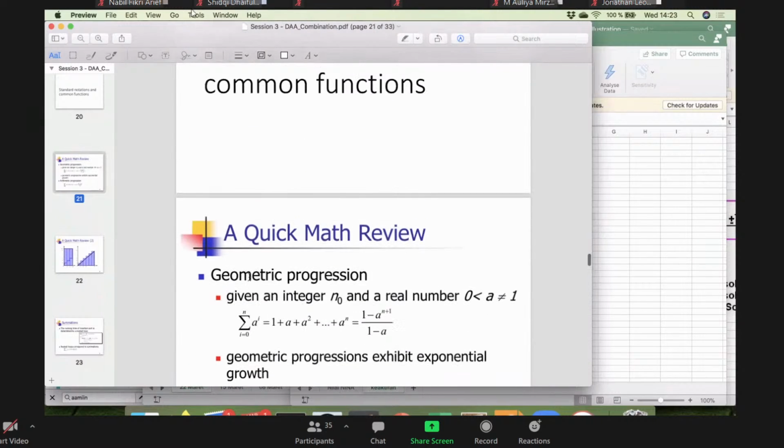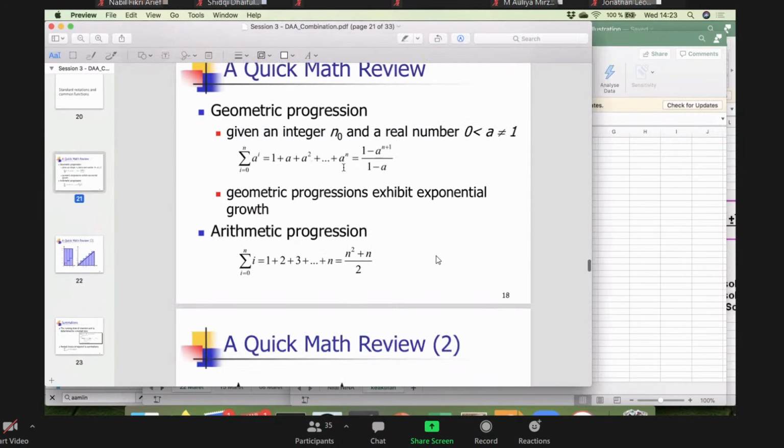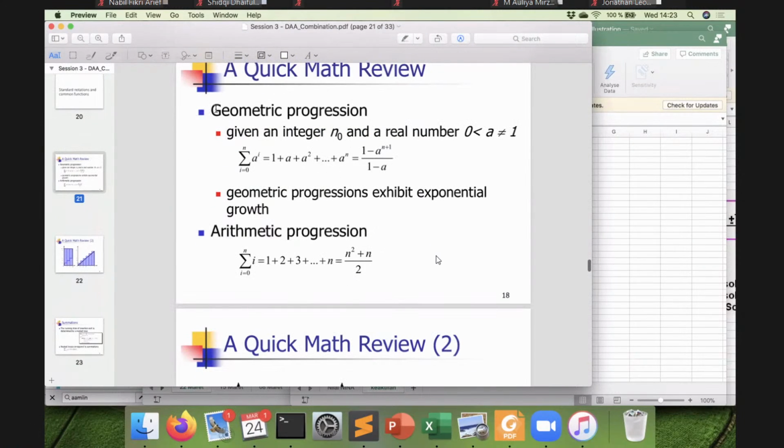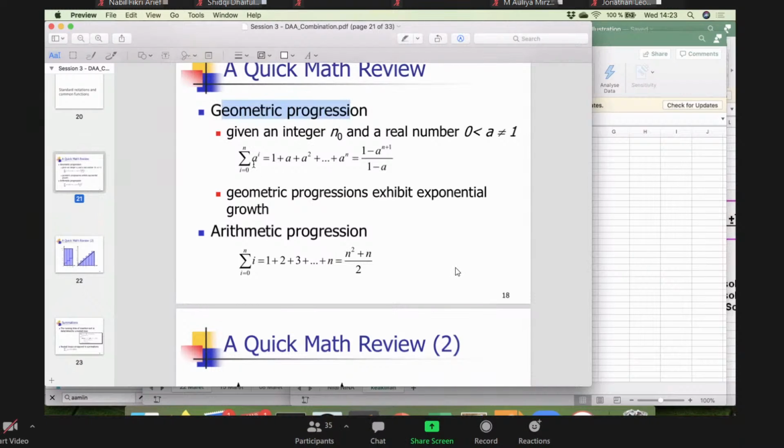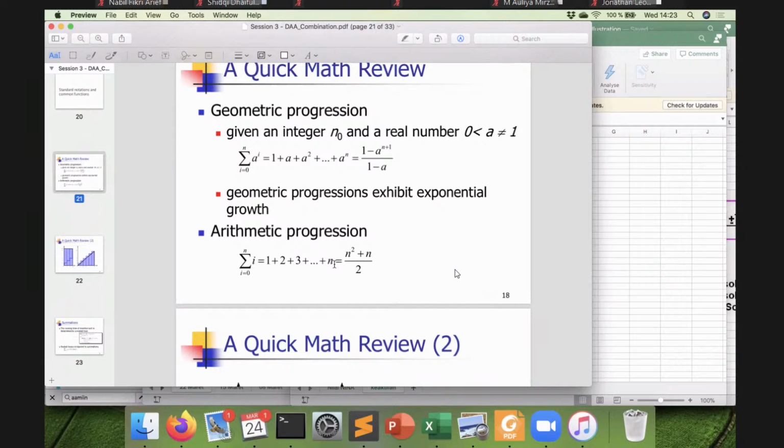So if you notice my explanation previously in the quick math review, you will see over here there are two. The first one is geometric progression, which is widely used for exponential growth, and the second one is arithmetic progression, which is widely used for the arithmetic, the plus, etc. And in this case, luckily, we apply it directly.